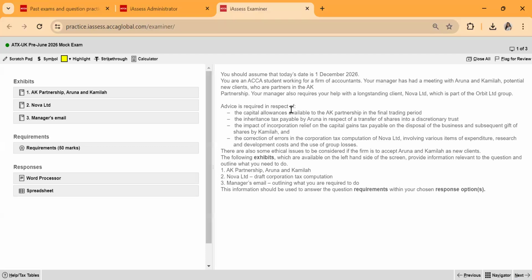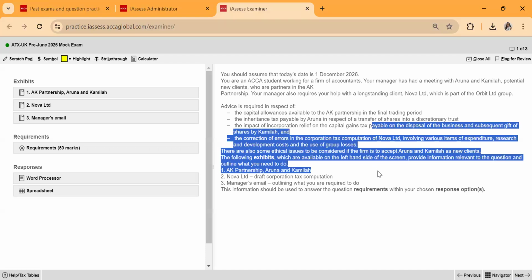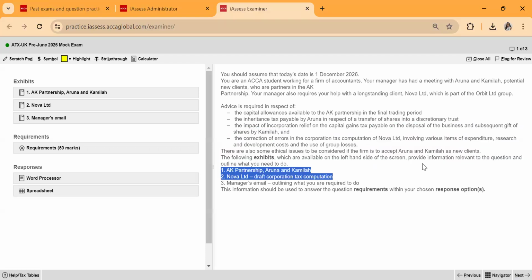Advice is required in respect of capital allowances that will be available to the AK partnership in the final trading period. So run your brains and think, in the cessation year, which are the capital allowances available. The inheritance tax payable by Aruna in respect of transfer of shares into a discretionary trust. The impact of incorporation relief on the CGT payable on the disposal of the business and subsequent gift of shares by Camilla.